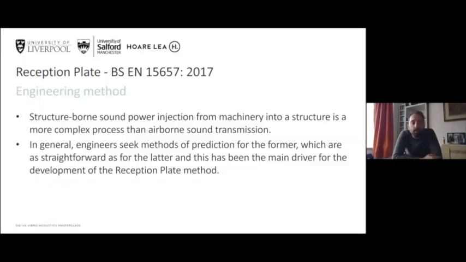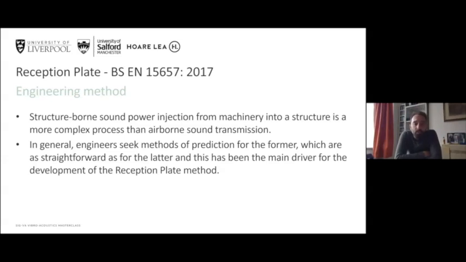I think it was mentioned in Josh's presentation that structure-borne power transmission from a structure-borne sound source into a receiver structure depends on the receiver structure as well as the source. So it's not as straightforward as airborne sound transmission, where the receiver is always air.